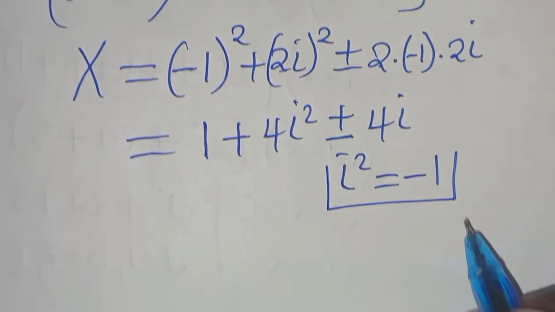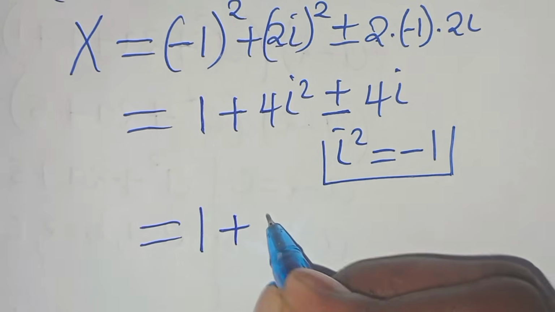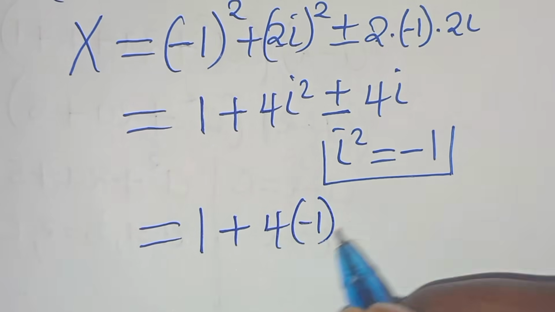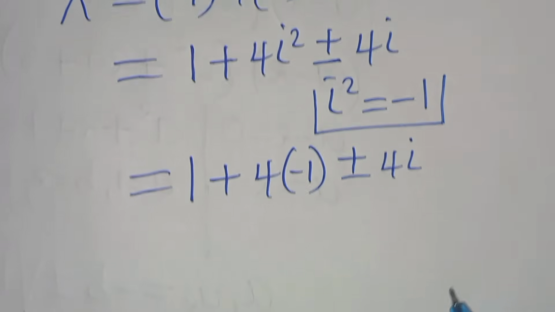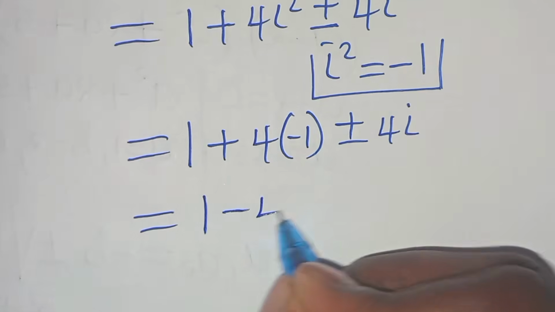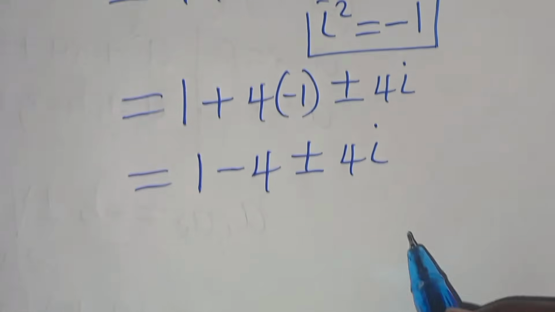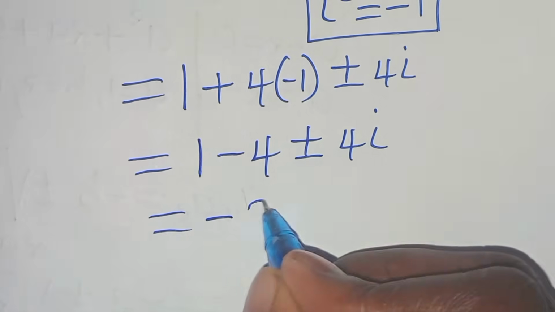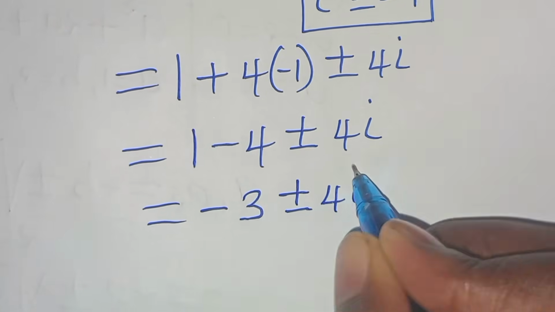So let's substitute minus 1 here, and this means we have 1 plus 4 times negative 1, then plus or minus 4i. So that now here we have 1, 4 times minus 1, this is minus 4, plus or minus 4i. So here we have negative 3 plus or minus 4i.